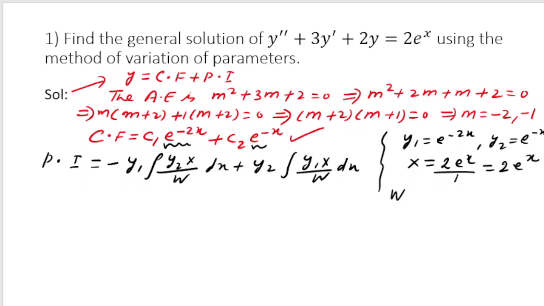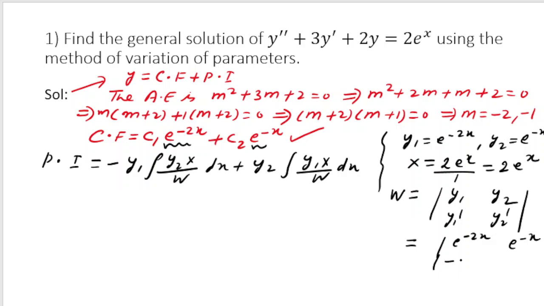What else do we need? We need W. To calculate W, we have the formula, that is y1, y2, y1 dash and y2 dash. So how will I calculate it? Y1 is e to the power minus 2x, y2 is e to the power minus x, and y1 dash, if I differentiate, is minus 2 e to the power minus 2x, and y2 dash is minus e to the power minus x.